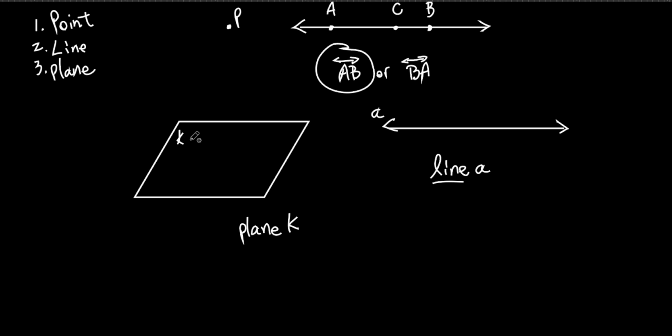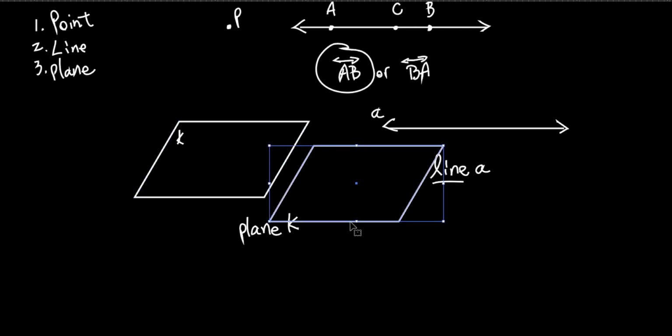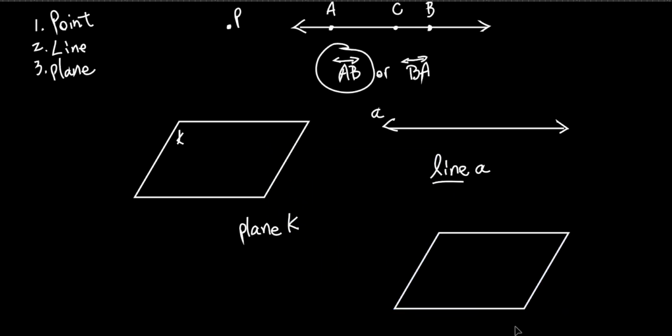Here's another way you can name this plane. Let's just copy and paste it and put it over here. You could put some points in here, right? So let's just call them A, B, and C. You need at least 3 points to be able to name a plane.